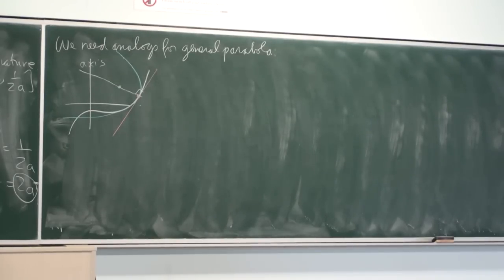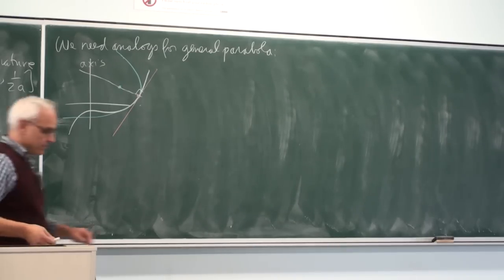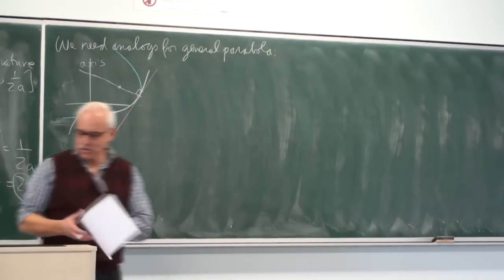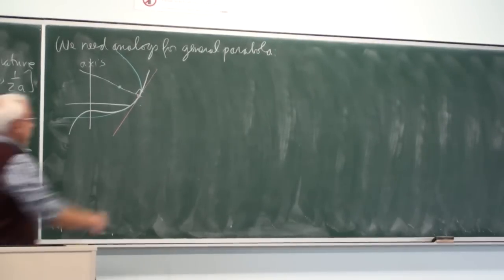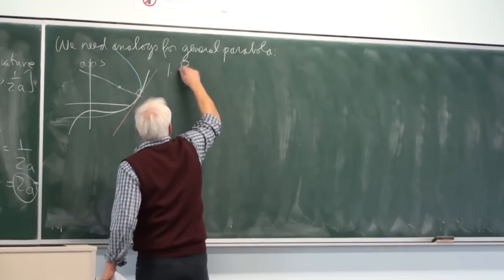So we have to look at parabolas a little bit more generally, and we find that when we do this, some new things appear, and we have to enlarge our view a little bit from this case here. This turns out to be rather a special case that's a little bit too special for some reasons. All right, so what I'm going to do is look at this general parabola in two different ways. So the first approach is going to be a projective view.